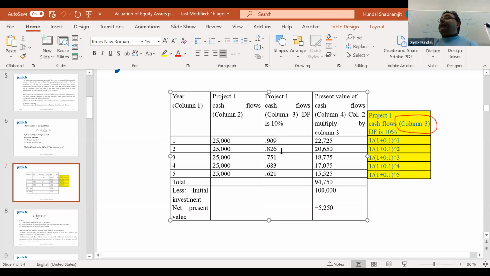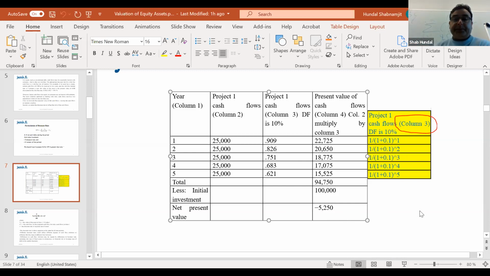So if somebody gave you choice, hey, do you want to take a euro now or a euro later? You say, give me euro now, because after 2 years, this euro would be worth 82.6. So obviously, yeah. And after 3 years, you can see here, this euro would be about 75 cents. After 4 years, it'll be about 68 cents. And after 5 years, it'll be about 62 cents.